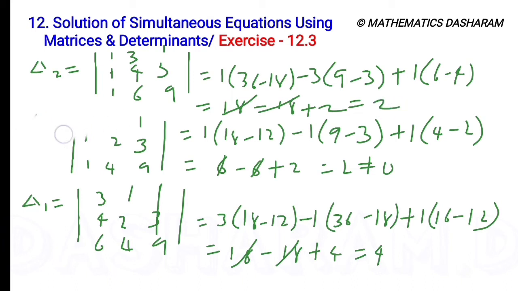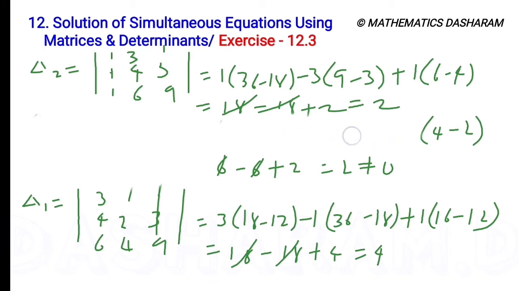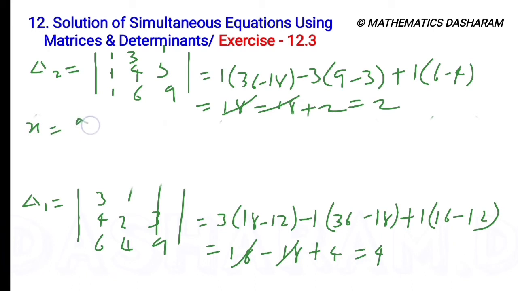Next, delta 3 equals: replace the third column.